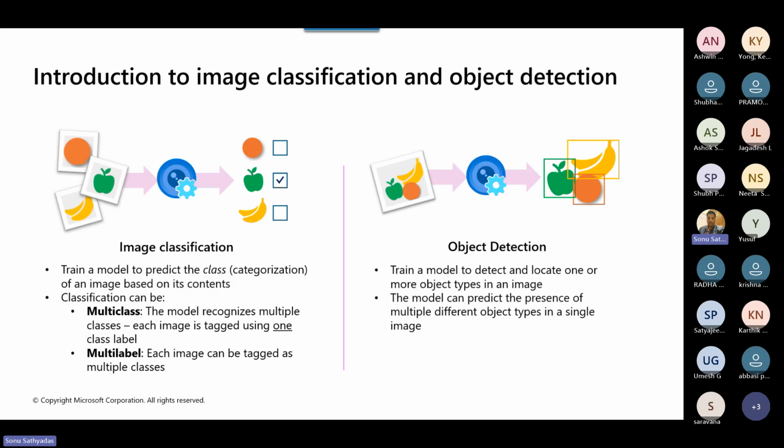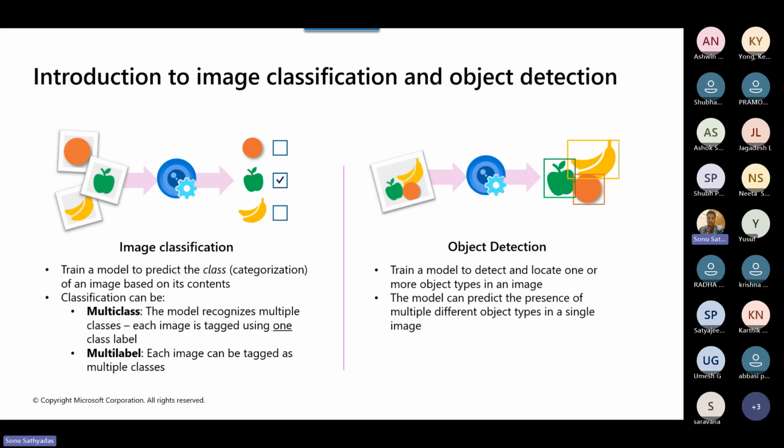Multi-class means the model recognizes multiple classes and each image is tagged using one class label. Suppose if we have multiple categories of dogs. So each dog category we have to train separately.